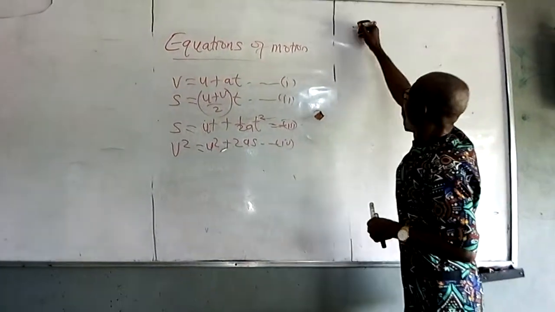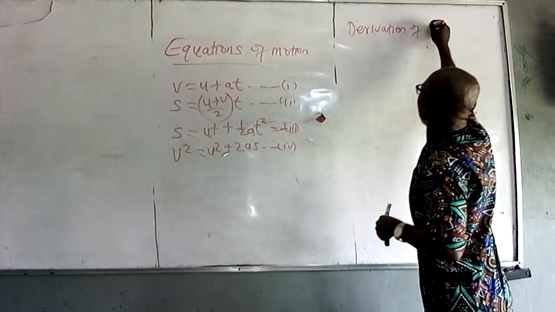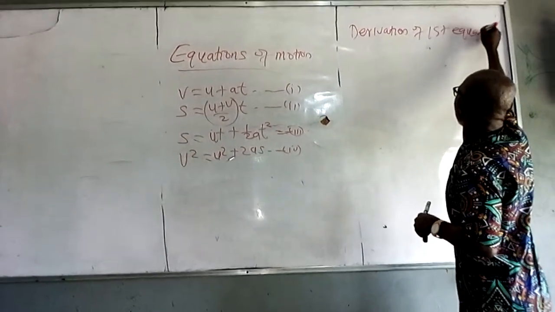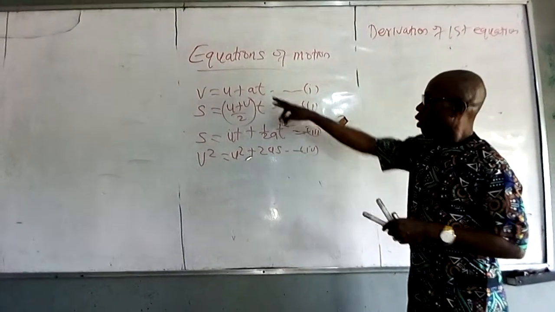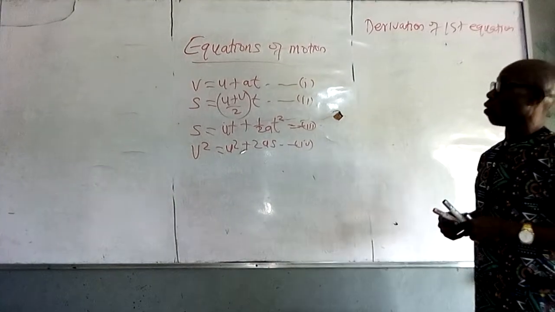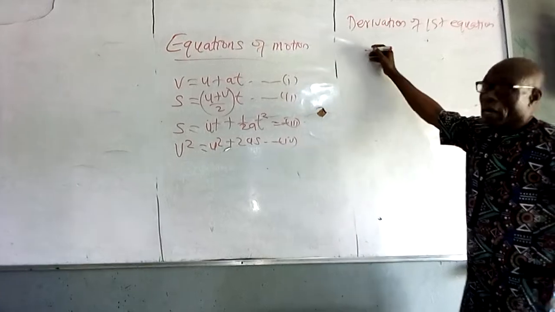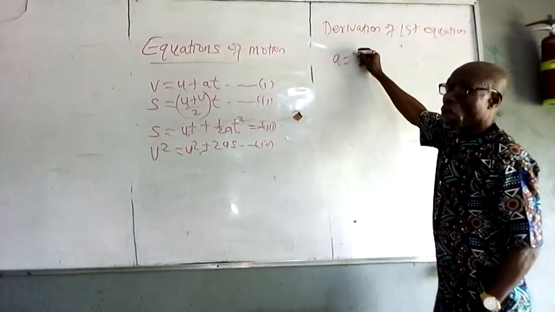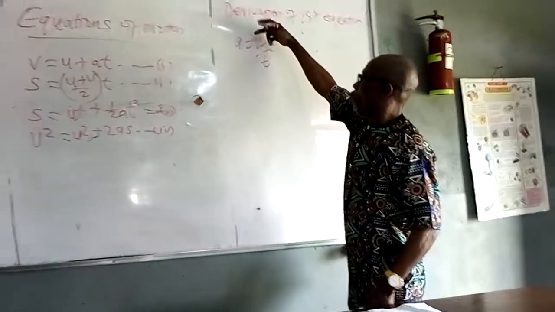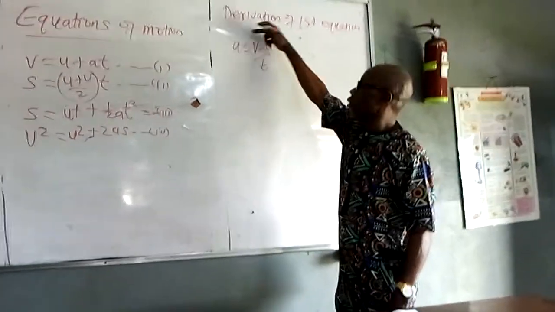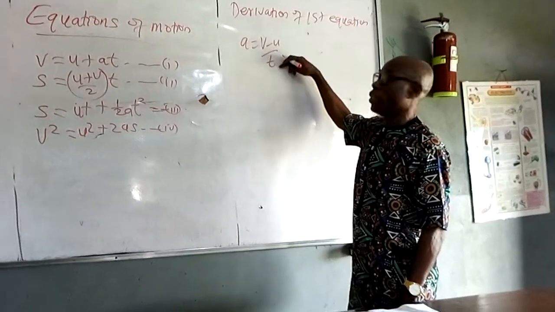Derivation of first equation. To derive this first equation of motion, we make use of the formula for linear acceleration, and that is a is equal to v minus u all over t, where a is acceleration, v is final velocity, u is initial velocity, and t is time.